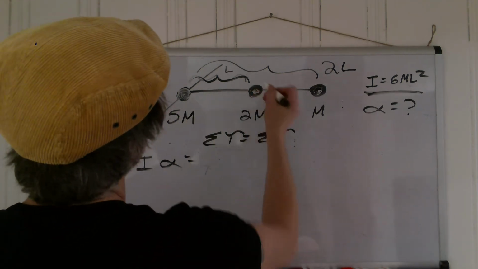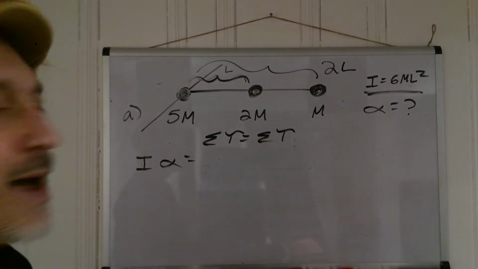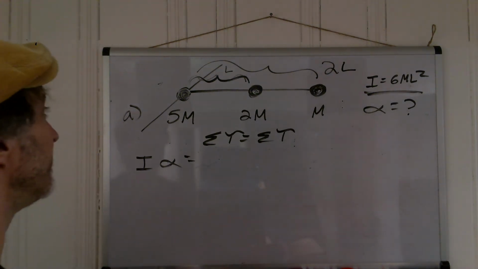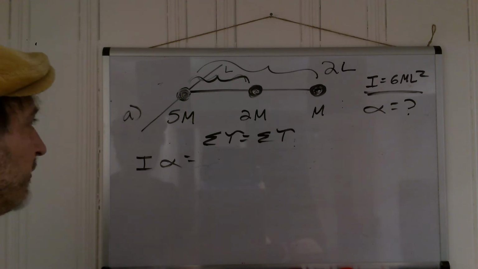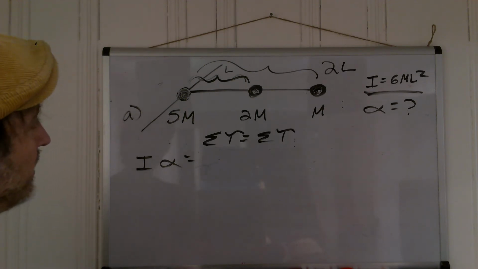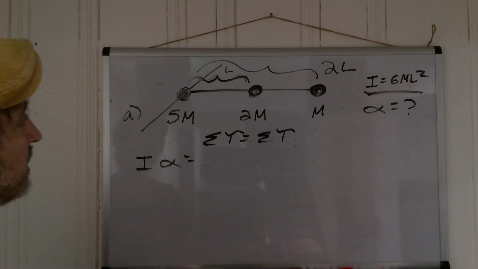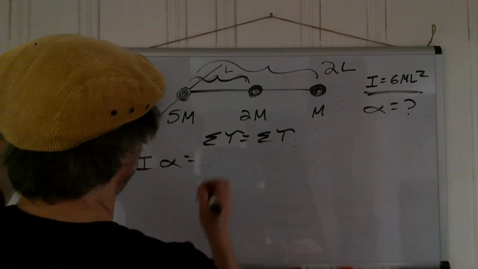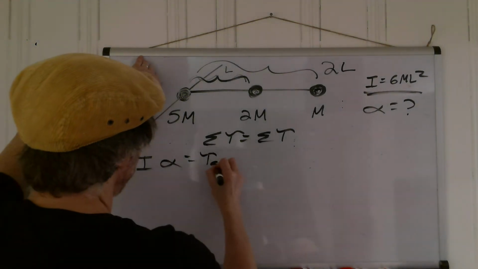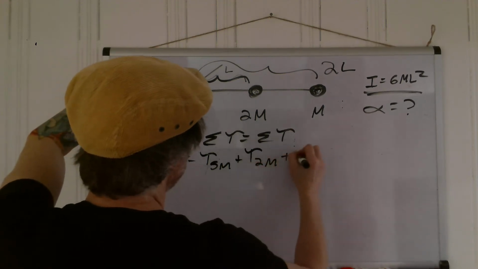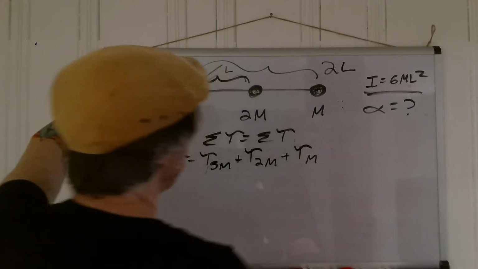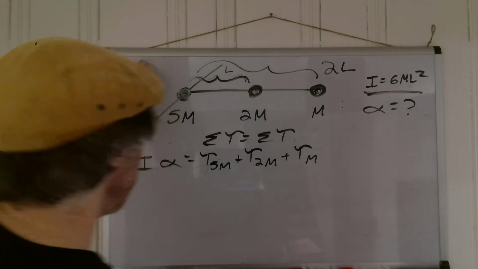But I tend to get a little nervous when I use center of mass for stuff like this. It does work in this instance, but there are some other instances where it doesn't work. So what I'm going to do instead is calculate the torque generated by the 5m thing, the torque generated by the 2m thing, and the torque generated by the 1m thing, and just add them all up.